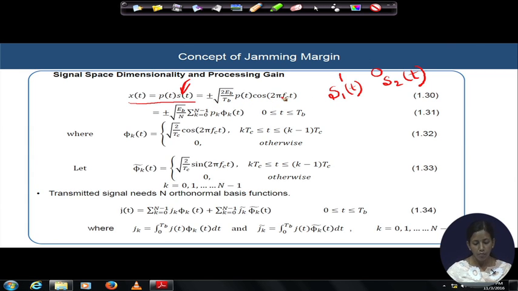The thought process should be aligned with the discussion that we have done: in the signal space dimensionality, we have two real valued signals associated with the BPSK transmission.